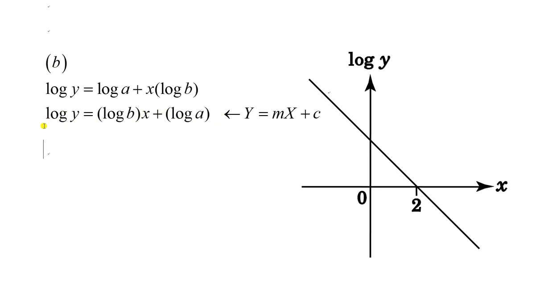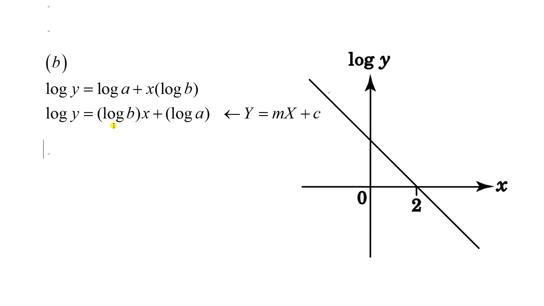This format is very similar to the slope-intercept form of a straight line. Now I use capital letter Y because this one is talking about the vertical variable, and this capital letter X is talking about the horizontal variable. So capital Y equals mX plus c. That is the standard format of slope-intercept form.